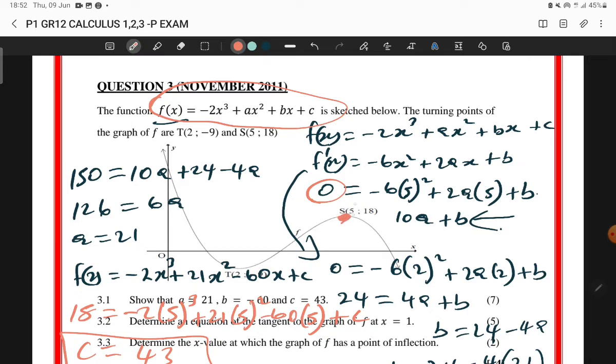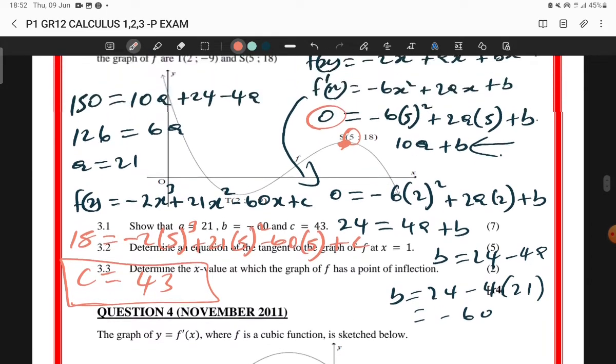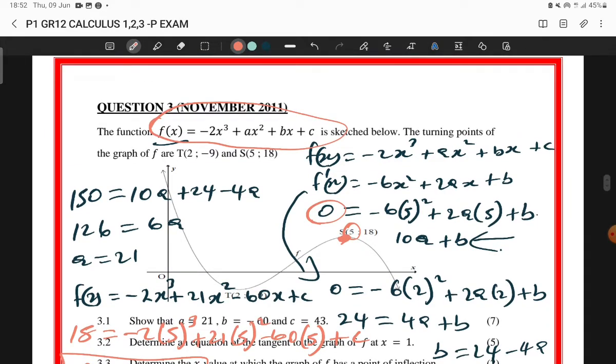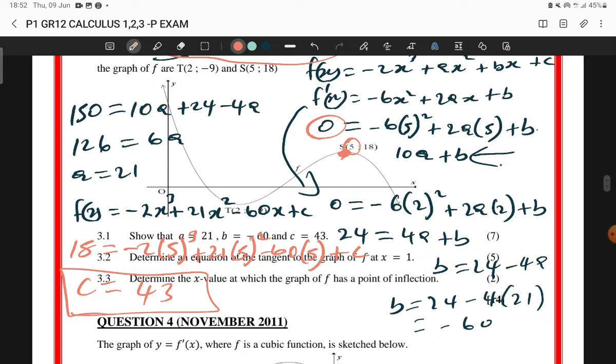That is why we have used the x values, knowing that f prime is equal to 0. So that is why we managed to get rid of one variable, which is c, knowing that we are going to solve it later. I'm sorry for the untidy work, but I believe you did follow what we were explaining.